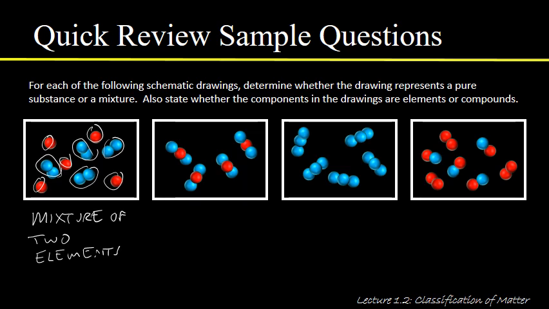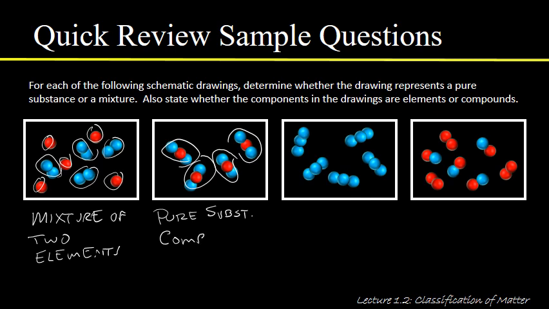All right. Now, in the second one, if we look at the ultimate particles, all of the ultimate particles are identical, right? So that means that this is a pure substance. And if we look at each of the particles, they all contain more than one element. So it's a pure substance, and that substance is a compound.